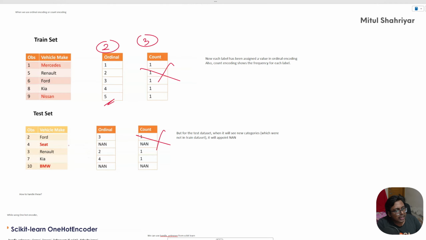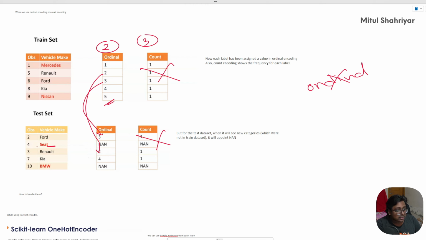Just focus on this. For the test dataset, as you can see, Ford was 3, so it is 3. Renault was 2, so it is 2. But for the seat and BMW, it's not a number. That means it also can't handle this. That means ordinal encoding is failing here as well. We are missing some data.